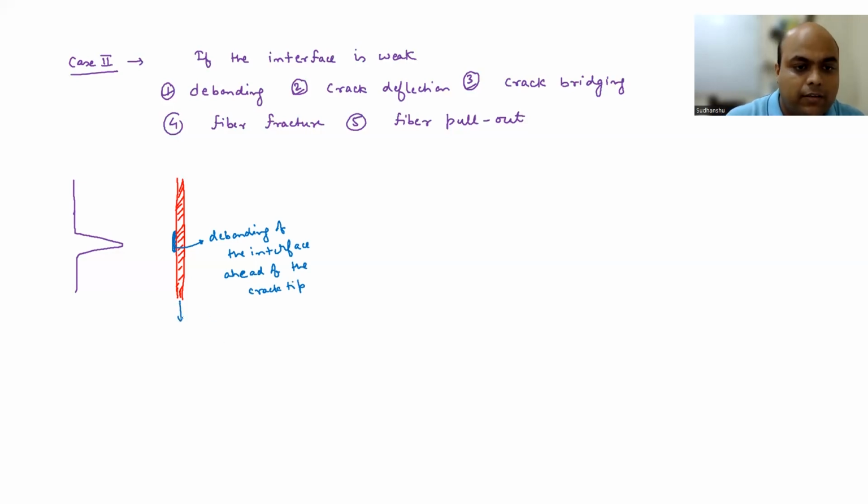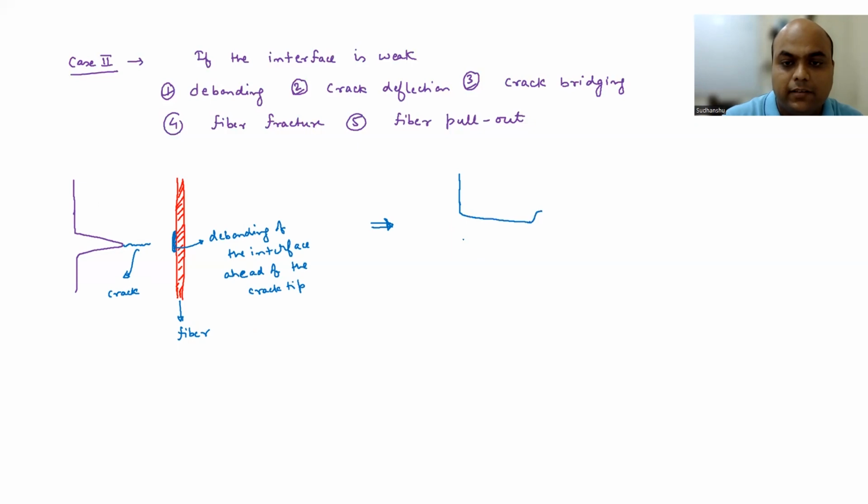Okay, this is the fiber, and say this is the crack. So the crack is approaching towards the fiber and it sees a weak interface, right? So that interface is debonded now. As soon as it has debonded, this crack is going to get deflected.